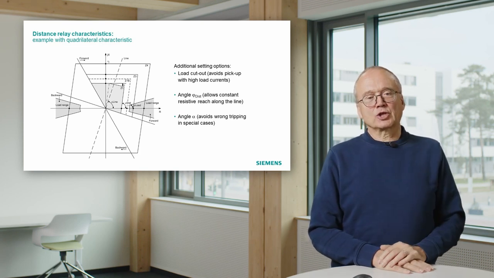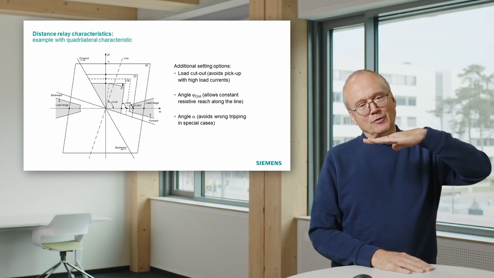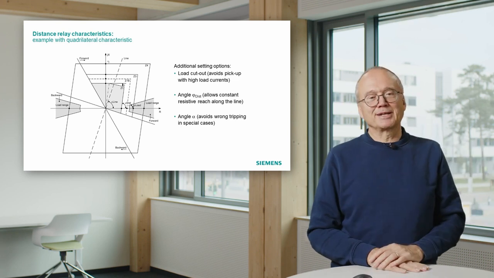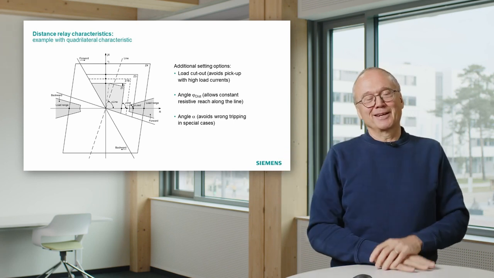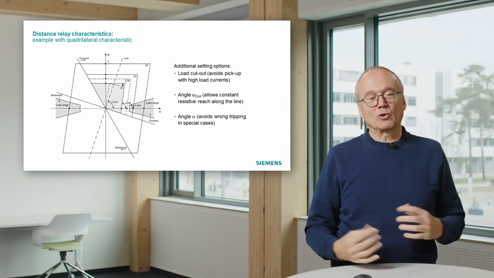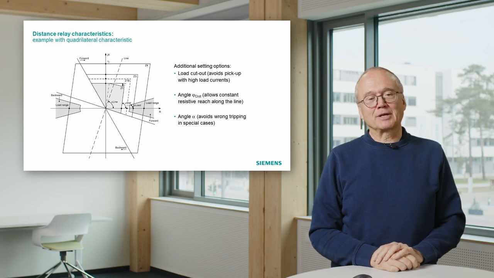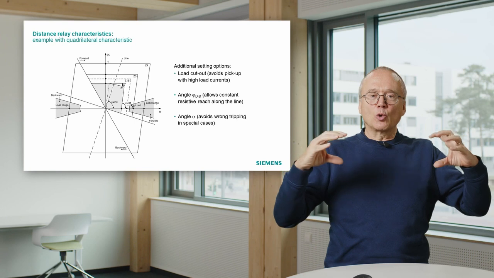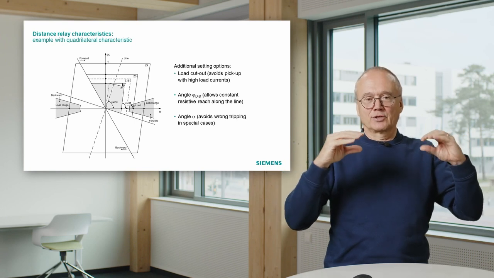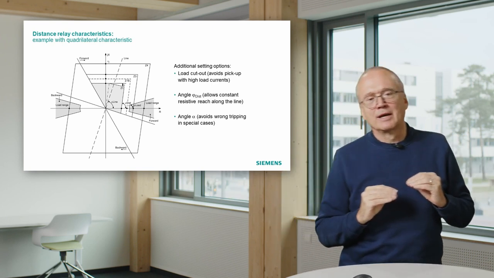The inner zone is shaded in gray, the zone 1. Also there we have the option for some special applications. Again, another parameter to tilt the top a little bit because it's needed for some applications. And what is also visible here are these load cutouts on both sides, shaded here in gray.